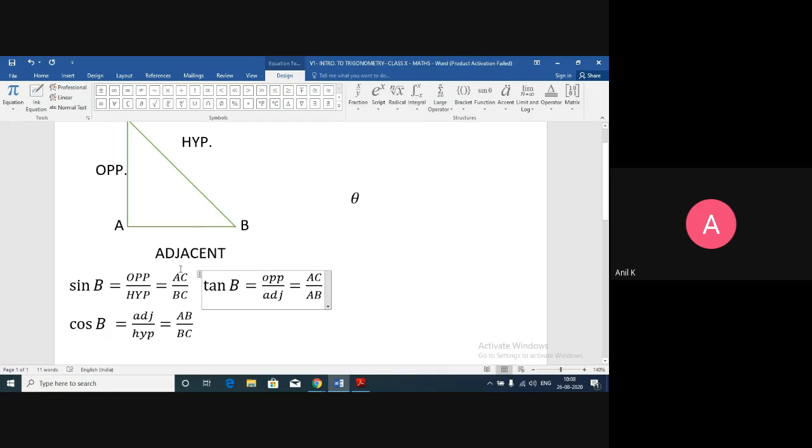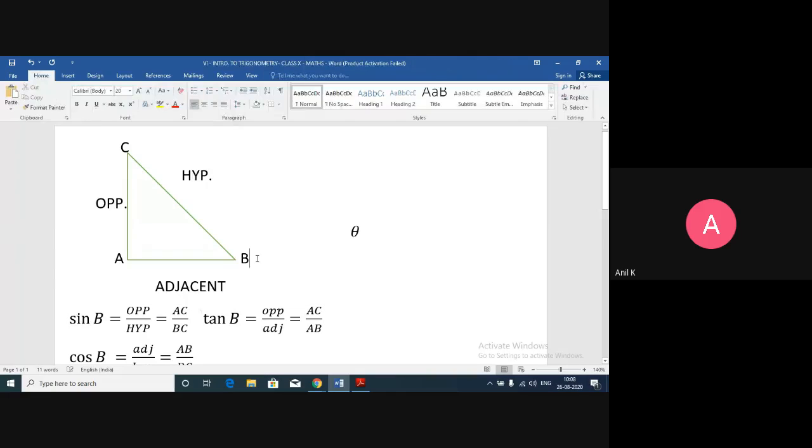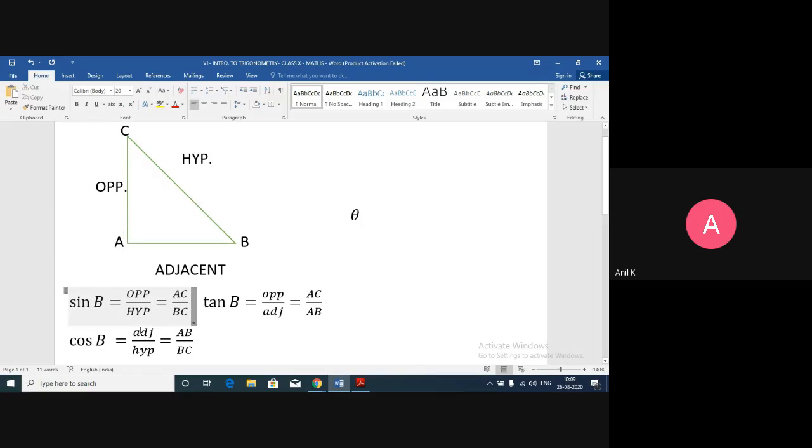I request you not to remember AC upon BC, AB upon BC, or AC upon AB, because if the ABC positions are interchanged, then AC upon AB won't work for sine B. For example, in place of B, if I take A and here I put B, or maybe somewhere here I put C, then AC upon AB won't work. So better you remember opposite upon hypotenuse, adjacent upon hypotenuse, opposite upon adjacent.